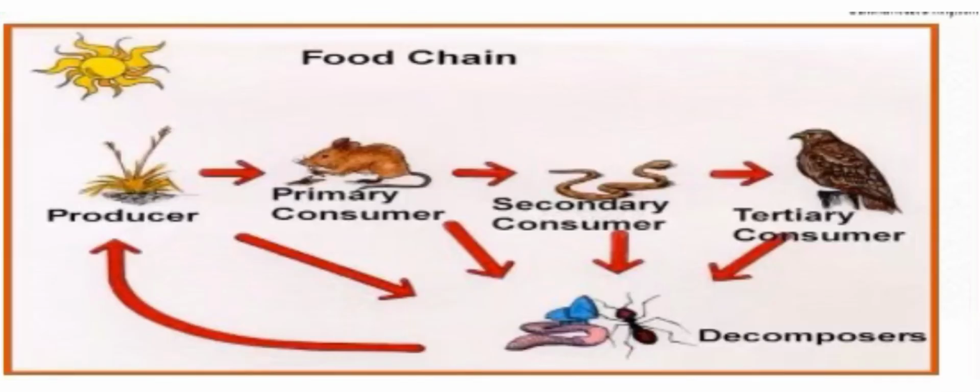Rat is eaten by snake, which is a tertiary consumer, and the snake is eaten by hawk, which is a quaternary consumer. So we can say that in a food chain, producers are consumed by primary consumers, which are consumed by secondary consumers, which are consumed by tertiary consumers, and all of them are decomposed by the decomposers.